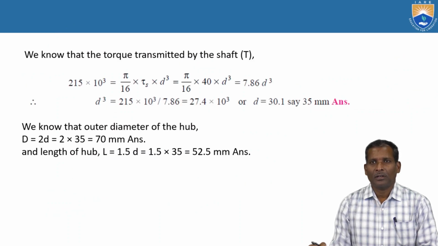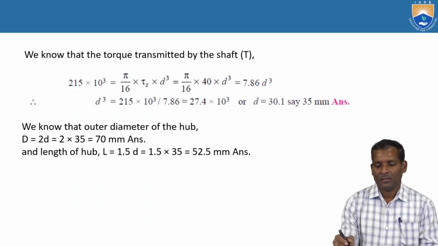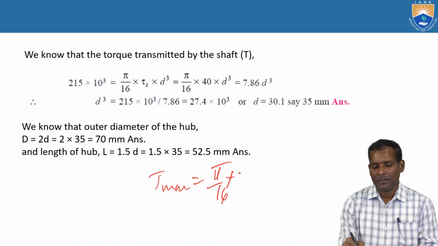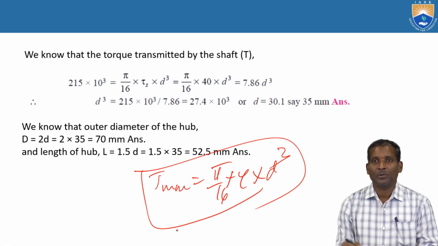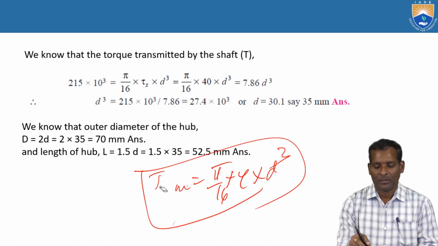So we know that the torque transmitted by the shaft is T max = π/16 × shear stress × d³. Here, substitute the maximum torque.